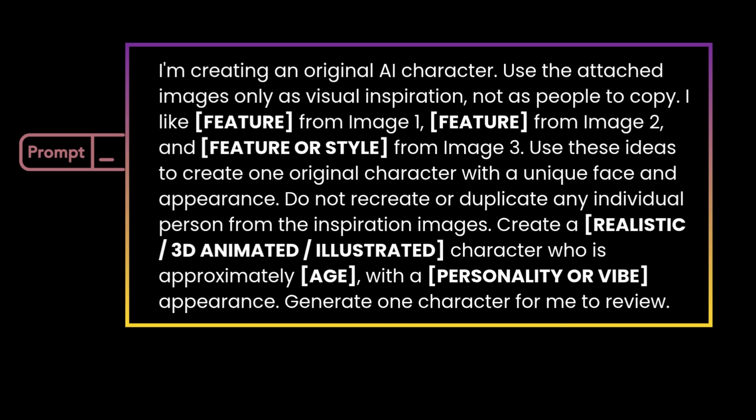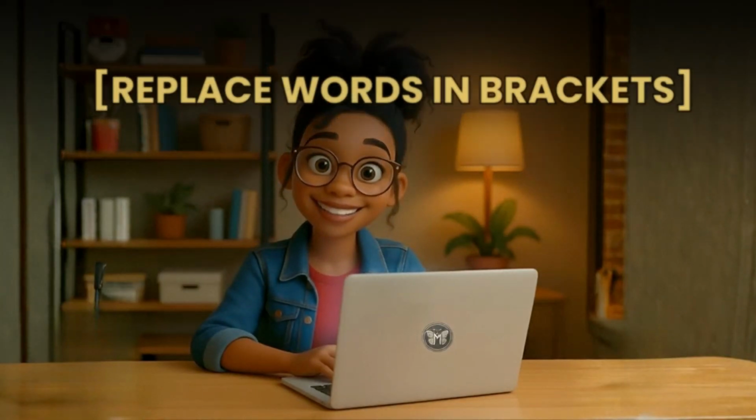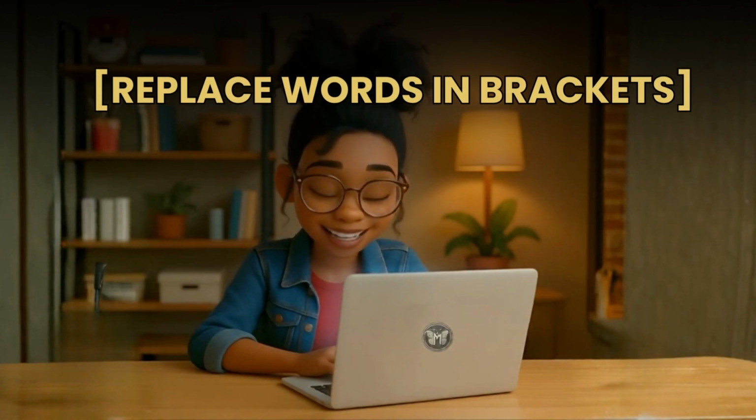Do not recreate or duplicate any individual person from the inspiration images. Create a [realistic/3D animated/illustrated] character who is approximately [age] with a [personality or vibe] appearance. Generate one character for me to review. And anywhere you see brackets, just replace those words with what you want.